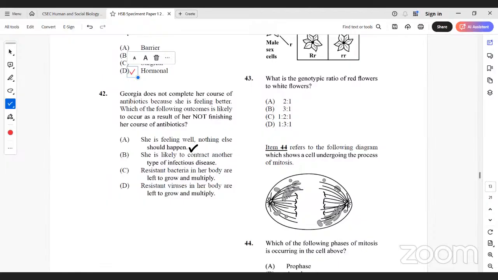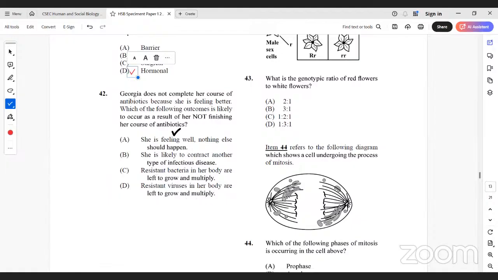She's feeling better. Nothing else should happen. Oh, that's a funny response. She's likely to contract another type of infectious disease. Resistant bacteria in her body are left to grow and multiply. Boy, that sounds like the answer already without even reading D. Resistant viruses in her body are left to grow and multiply.